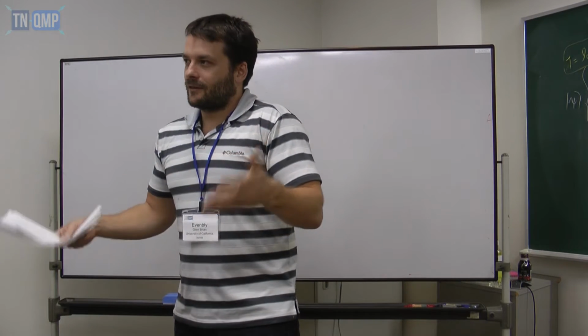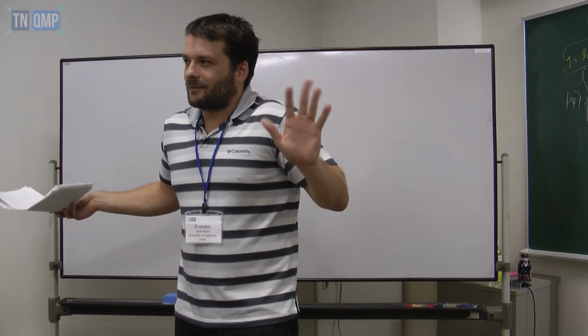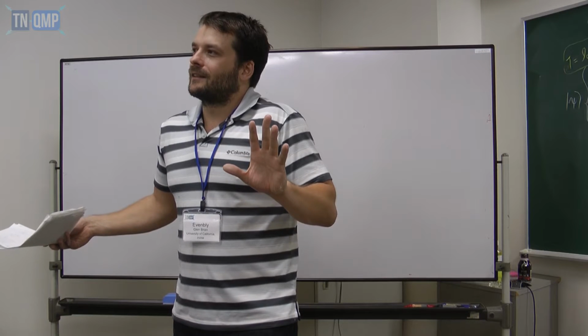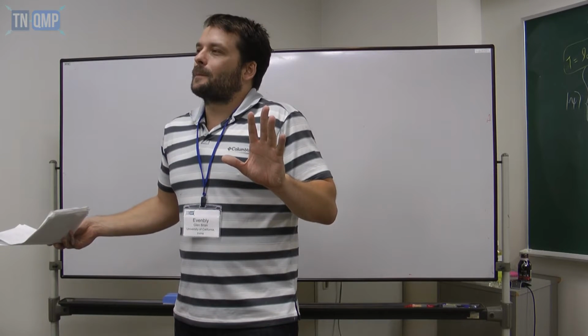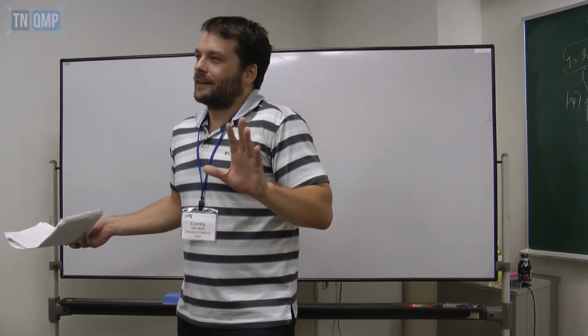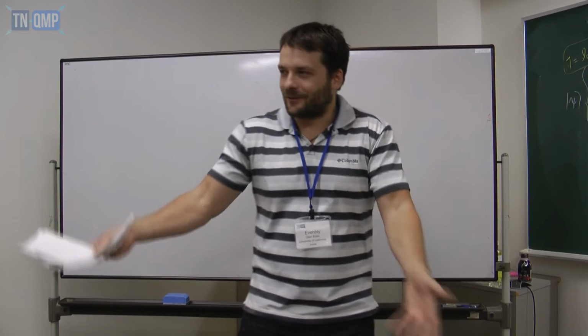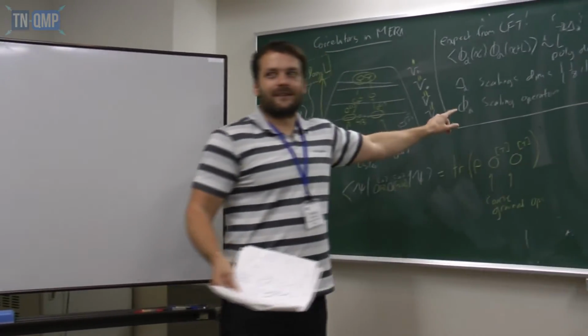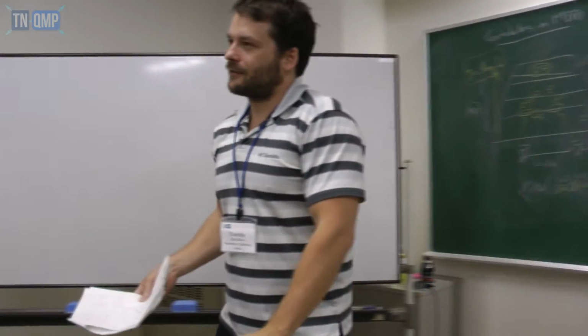So it's not translation invariant, but it's somehow critical. It's not related to a CFT. And again, we don't have any understanding of how to restrict these tensors to make the MERA scale invariant. If anyone wants to solve this problem, I'd be very happy. It seems to be a very tough problem.